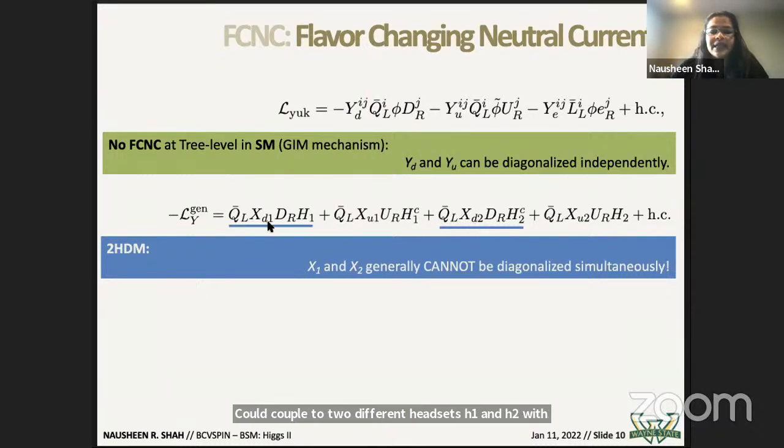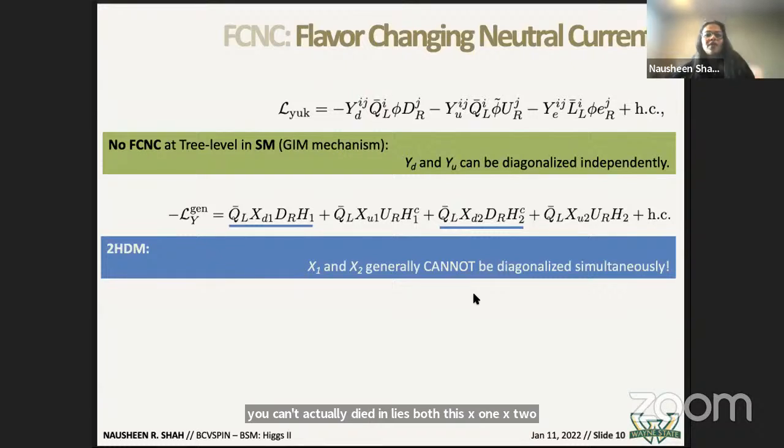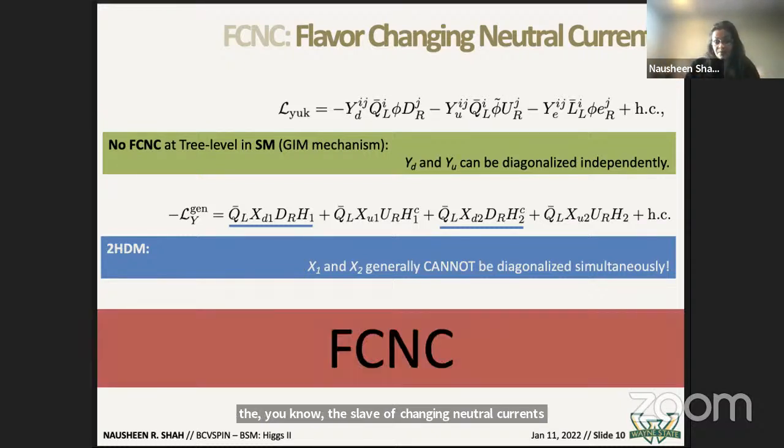And so the point is that generally, in this case, you can't actually diagonalize both this X1 and X2 at the same time. And so that would mean that one of these would cause these flavor changing neutral currents, one type of quark would change to another one, all right? And that's something that, again, you can't have.